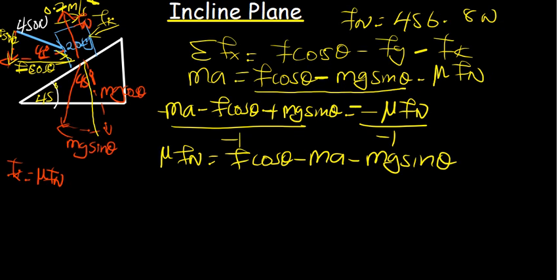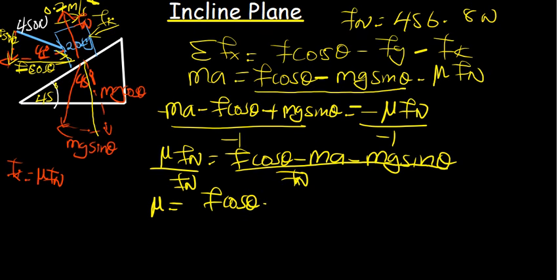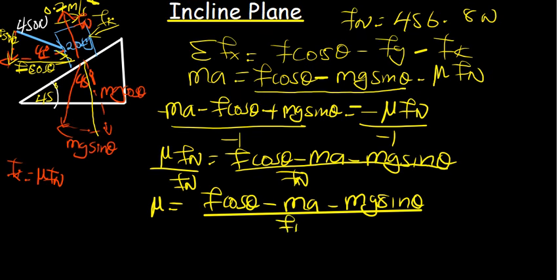So now I can divide everywhere by Fn. Therefore, my mu is going to be F cos theta minus Ma minus mg sin theta, divided by the normal force.